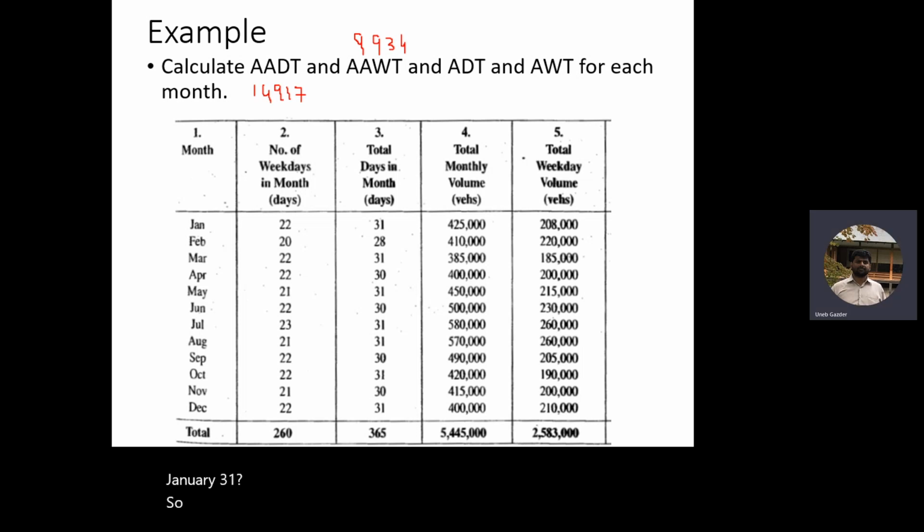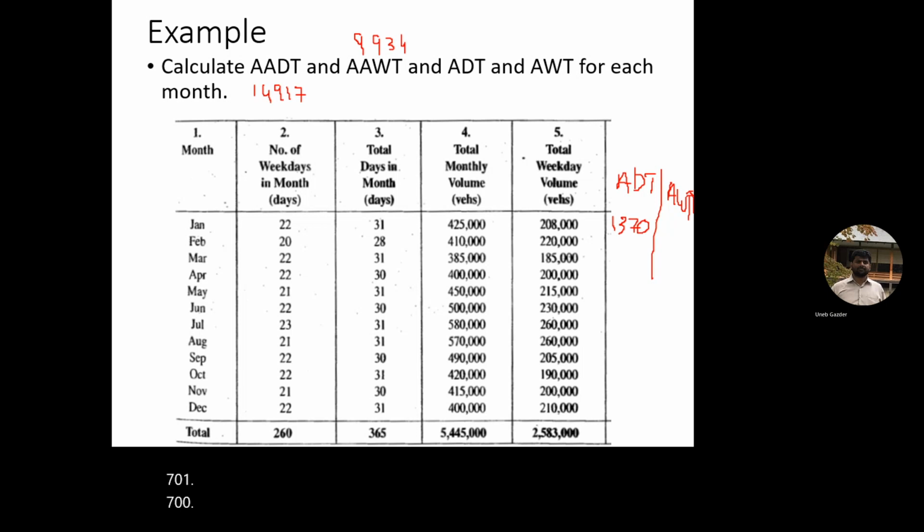So ADT for January will be 425,000 divided by 31, and that is how much? 13,709. So this is ADT, total traffic divided by total number of days.